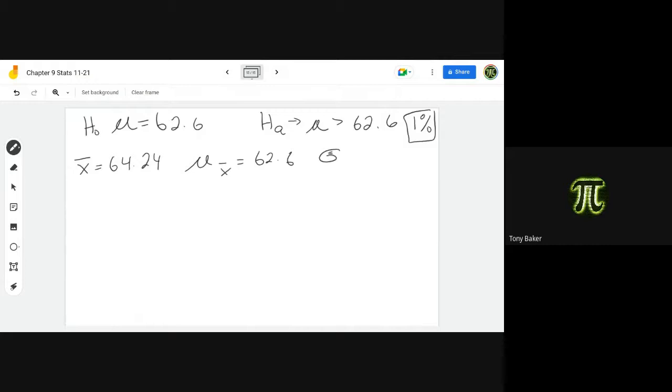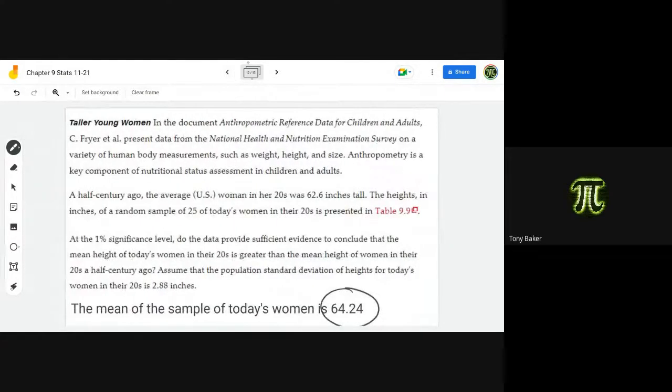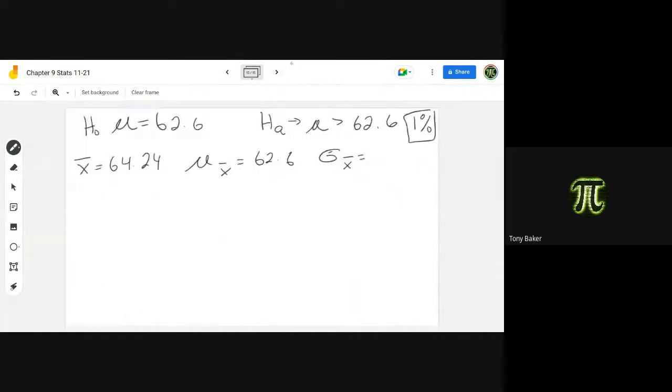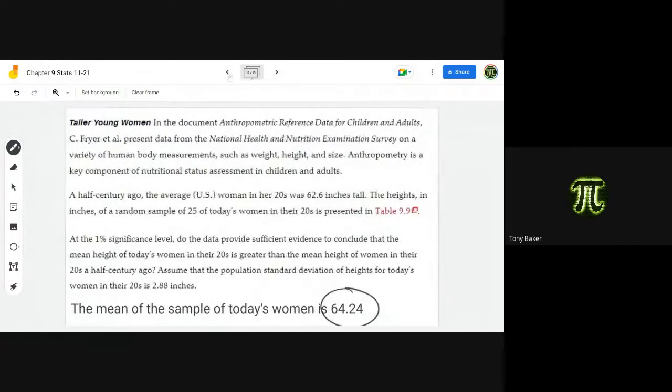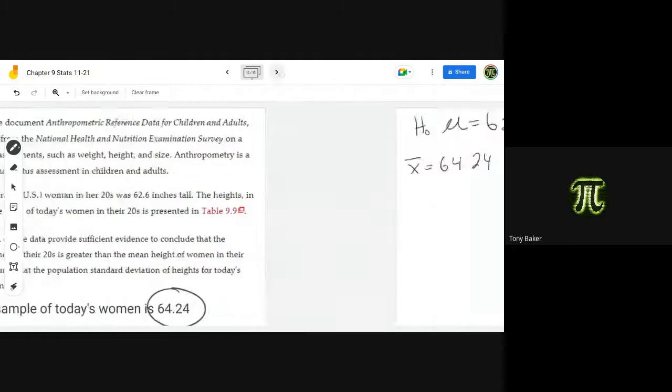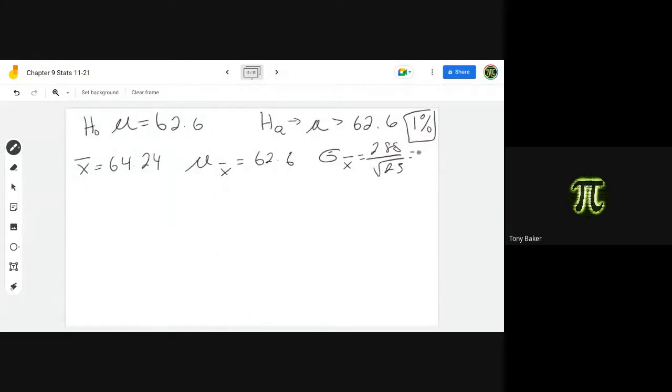And now I need my standard deviation of the sample, what was it? 2.88 divided by the square root of, how many did we do? 25. So 2.88 divided by 4. 0.72.